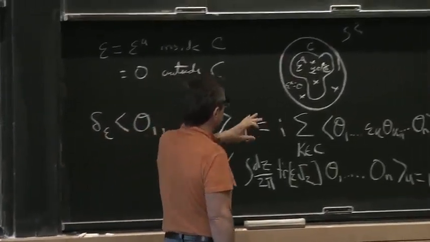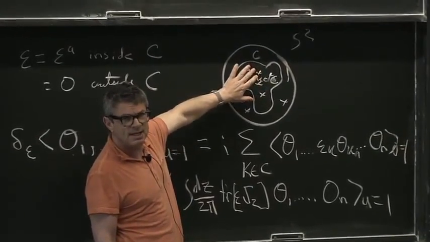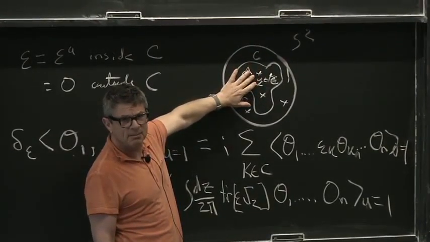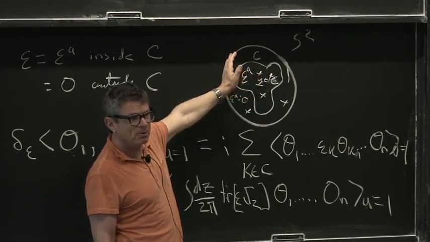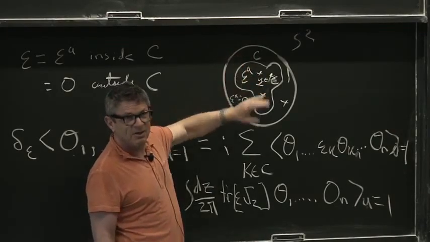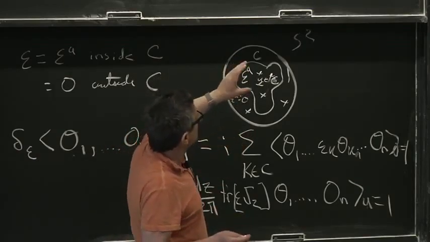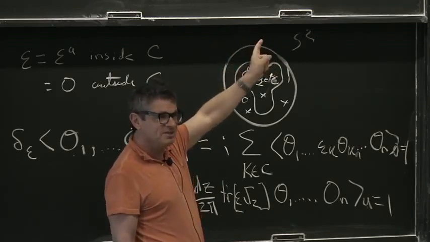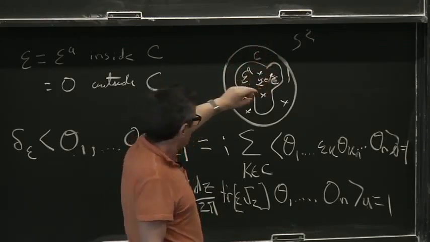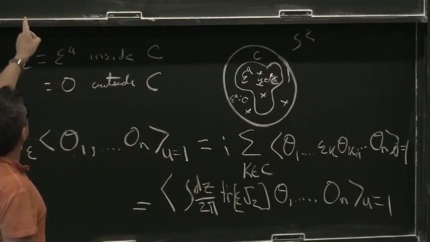Now, of course, we're on a sphere here, so if there are no poles inside this curve, there's certainly going to be poles outside. So if I redefine what I mean by outside and inside, when I try to contract this on the other side, I'll run into poles.